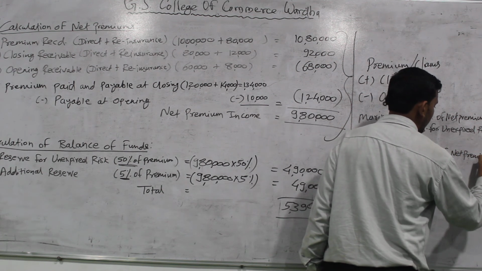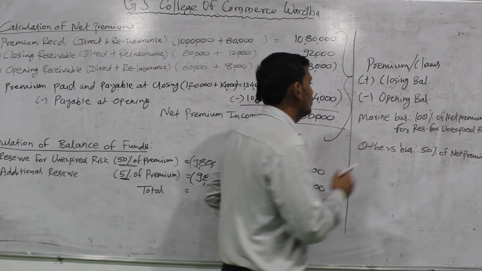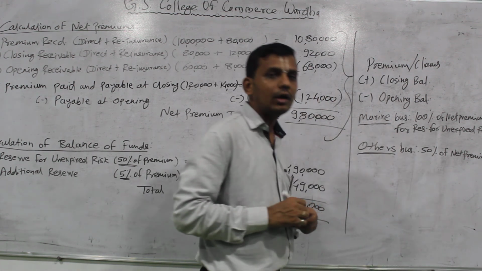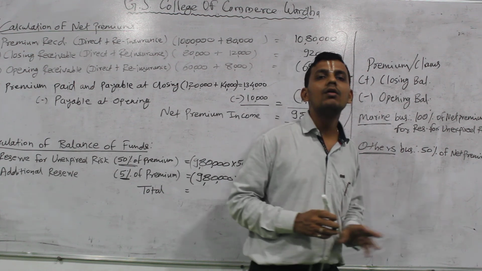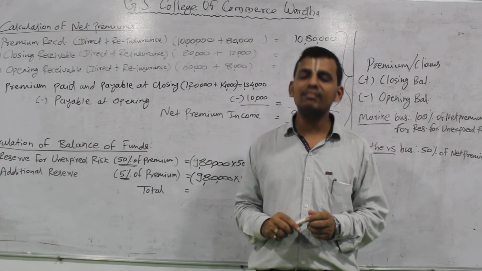This is how we need to calculate the reserve for unexpired risk in the case of marine and in the case of others. For marine 100%, for others it would be 50%. This is it for this lecture.